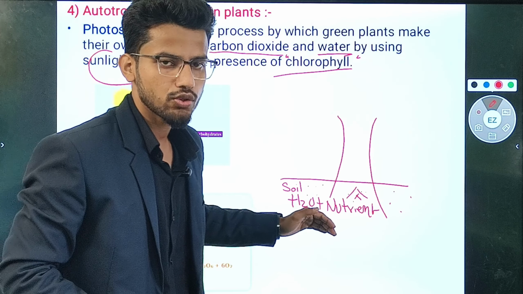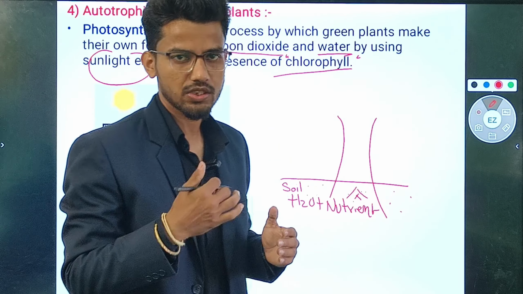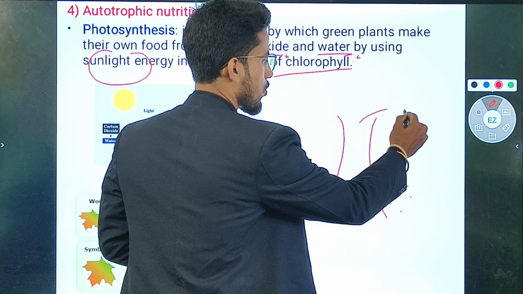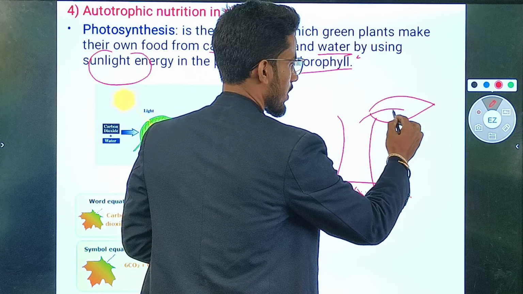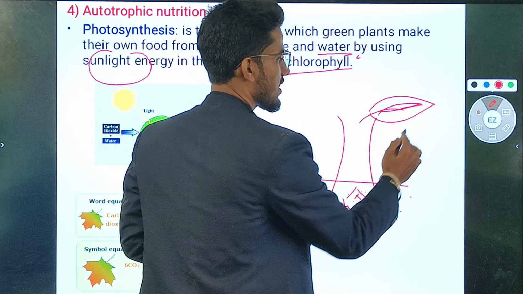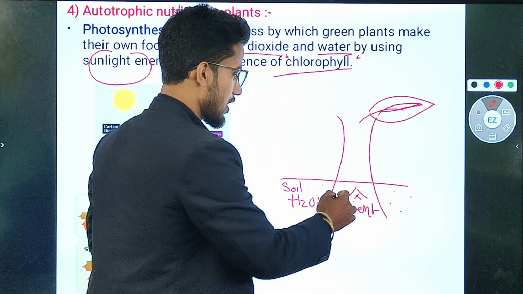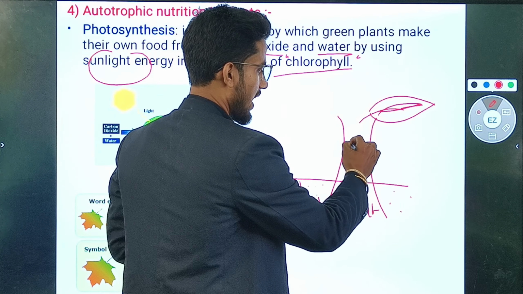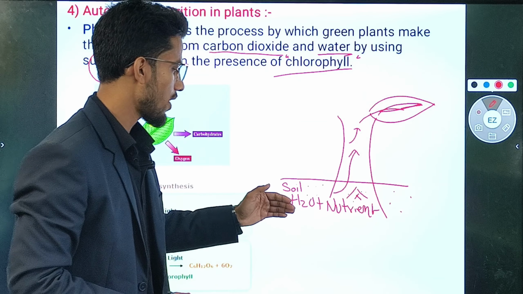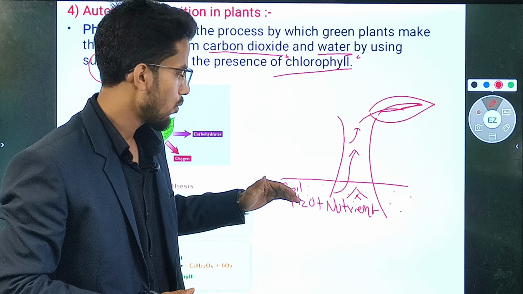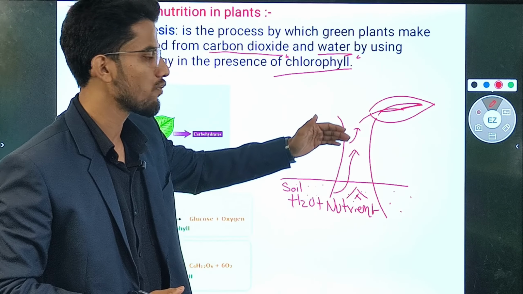However, this H2O, that means your water plus nutrients, is then transported into your leaves through the xylem.